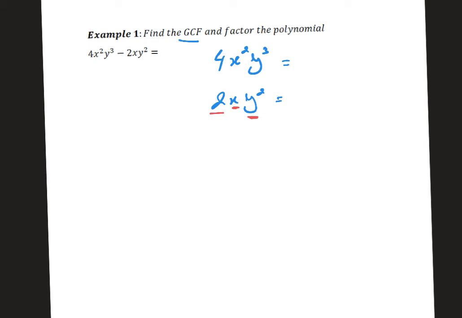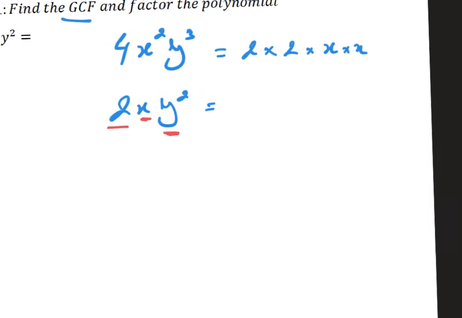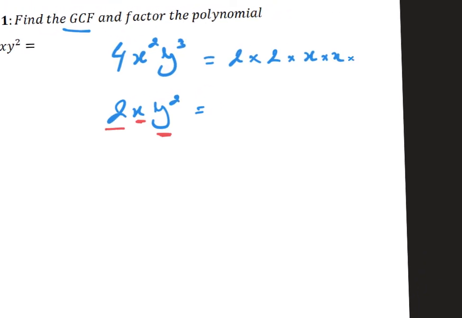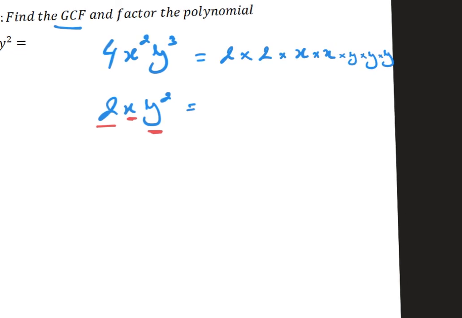Another way to do it is to find the factors of 4, which is 2 times 2, and x squared is x times x, right? And y cubed is y times y times y here. And here we have 2 times x times y times y.